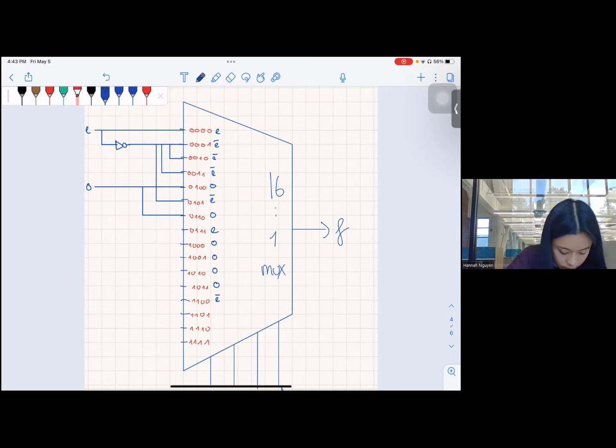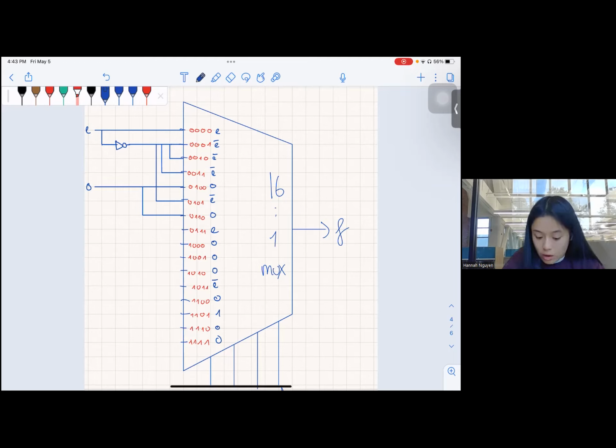Easy to keep track of. E, 0, E, 0, E, 0, 0, 0. So this is E, 0, 1, 0, 0.